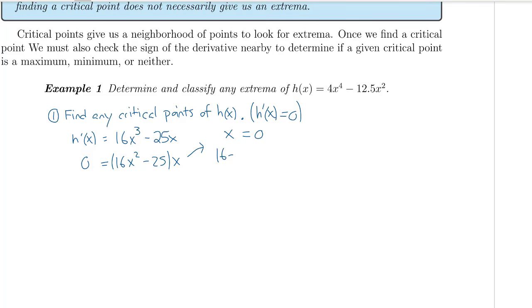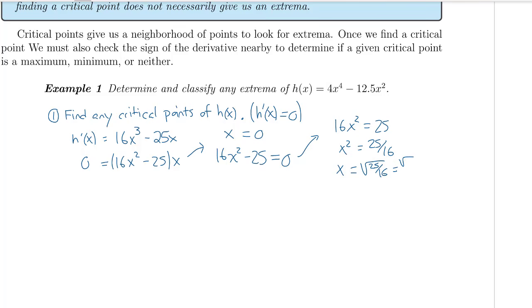So we can set this equal to 0 and solve. So add 25 to both sides and divide by 16. And you'll get that x squared is 25/16. Now take a square root of both sides. And we'll get the square root of 25/16.